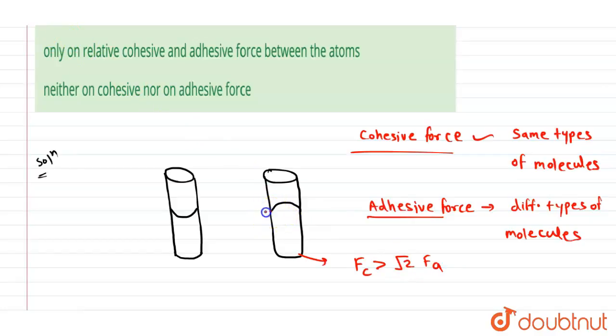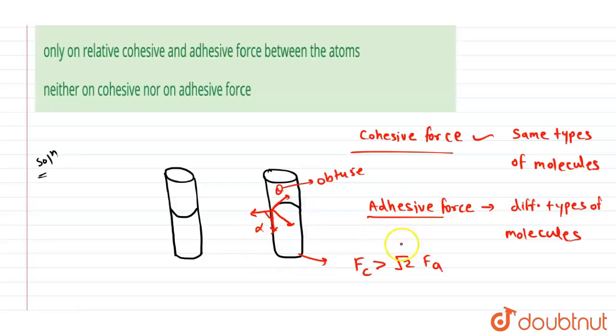Here you can see this is the force of adhesion, this is the force of cohesion, so we get the resultant force somewhere here. And here the angle of contact, theta, is always obtuse. Alpha is the angle of contact, the angle of the resultant.